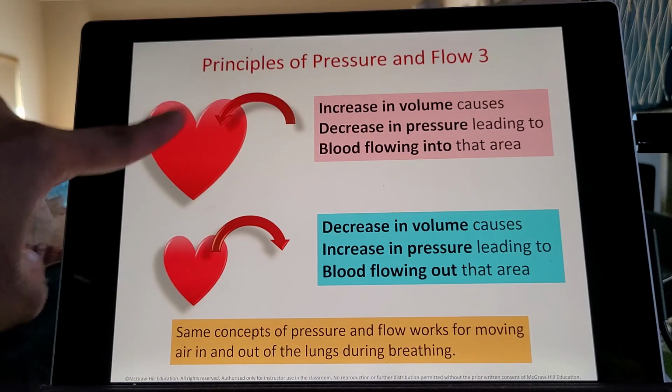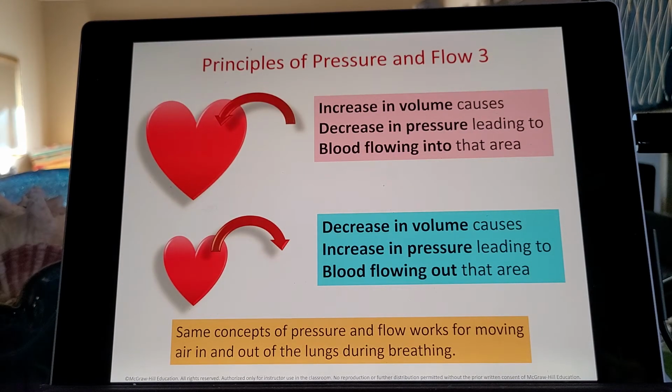So for example, our atria, when we're receiving blood, the muscles are relaxed with a nice large volume that decreases the pressure inside those atria, allowing the blood to flow down its pressure gradient into the atria.